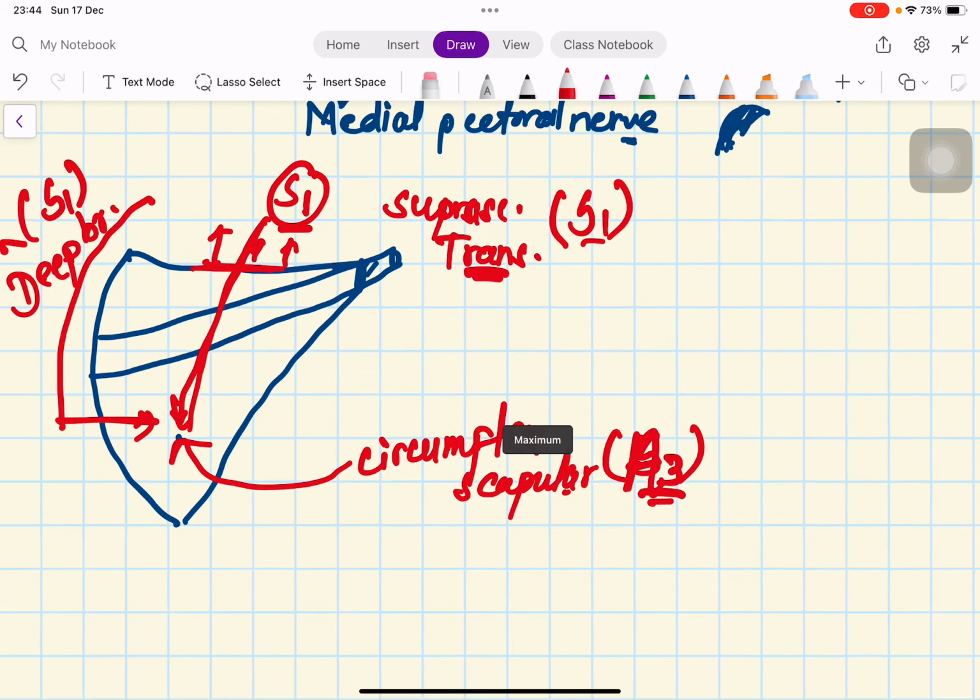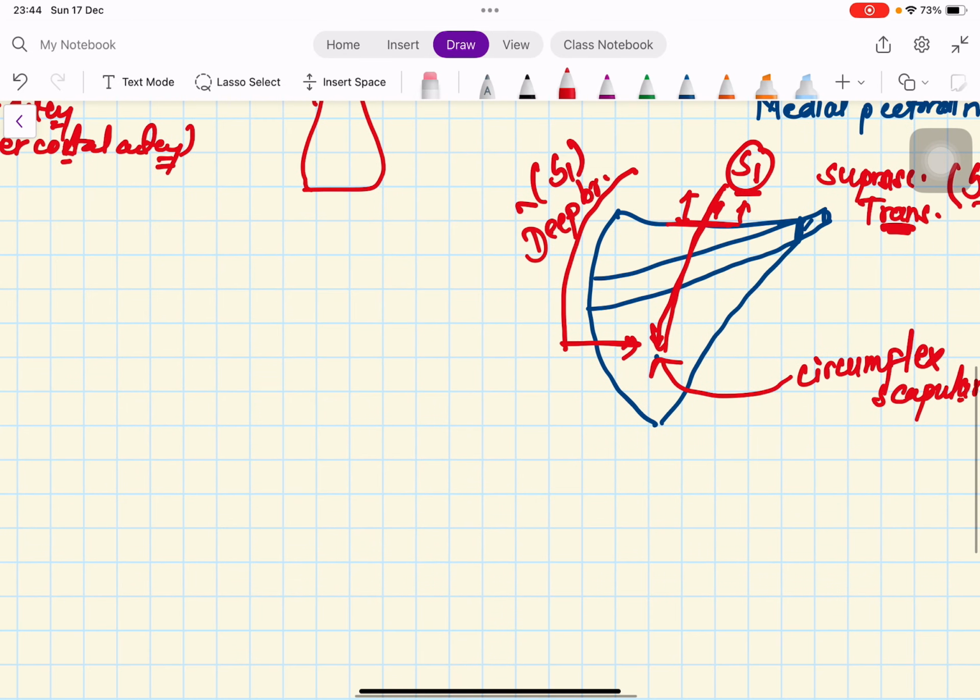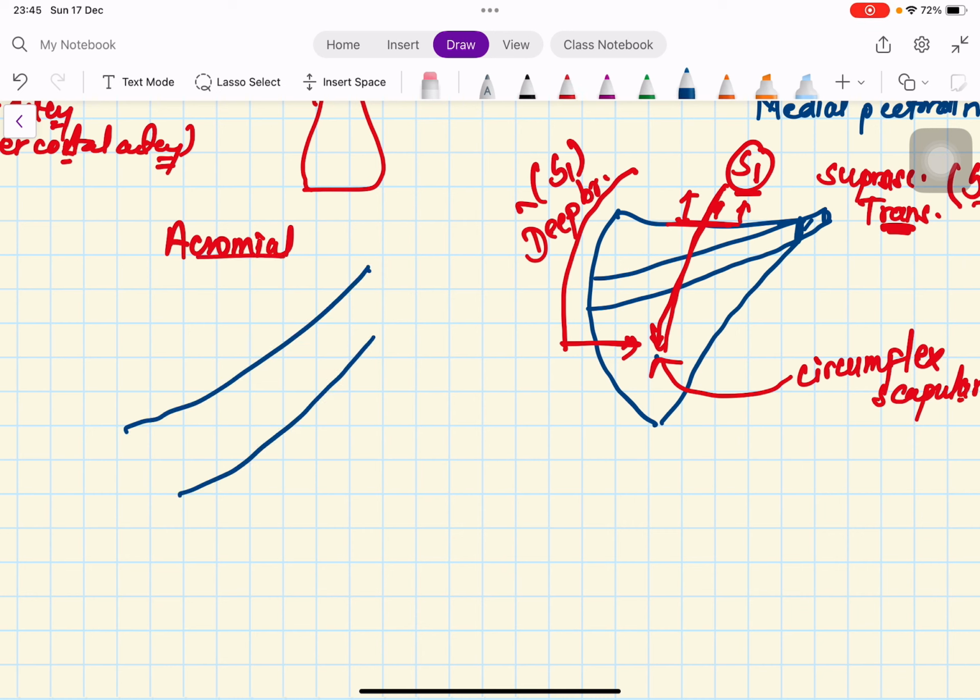Now let's look further at the acromial anastomosis. If this is the acromion process, let's make this the acromial anastomosis. Then what is happening? This suprascapular will give one branch like this, the acromial branch of the suprascapular.